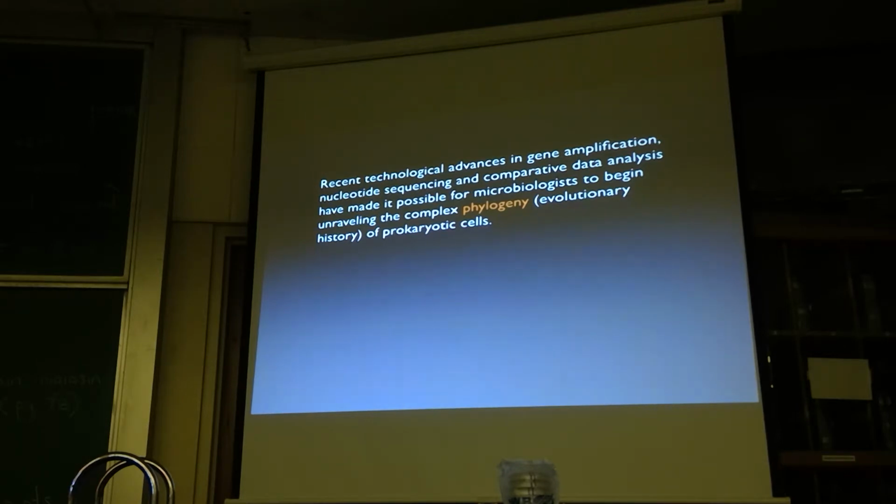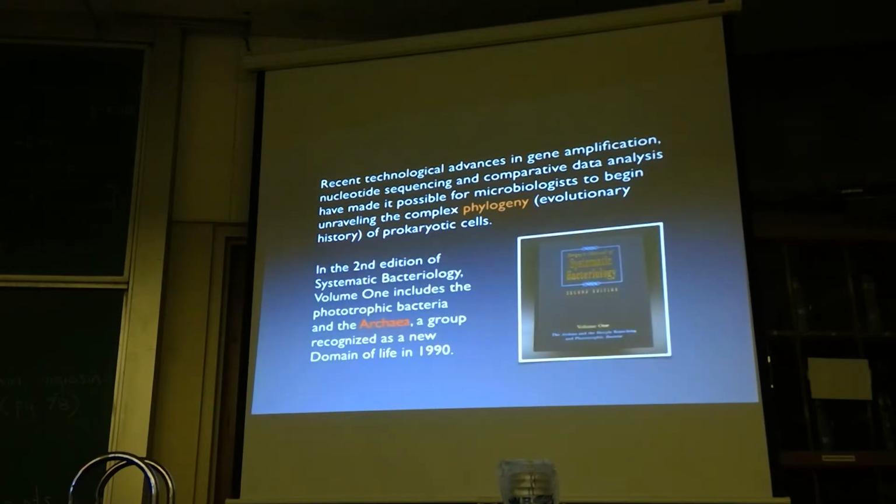So technological advances, primarily in gene amplification and nucleotide sequencing, and now what we call metagenomics, which is sequencing from the environment, looking at whole communities. We know that there's a lot more to the prokaryotes than we see in those volumes. People are still working on trying to unravel the phylogeny, the evolutionary history of prokaryotic cells.